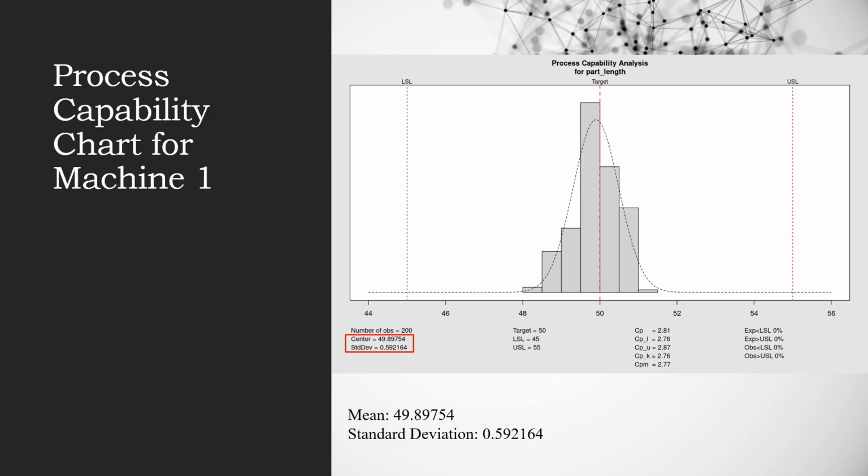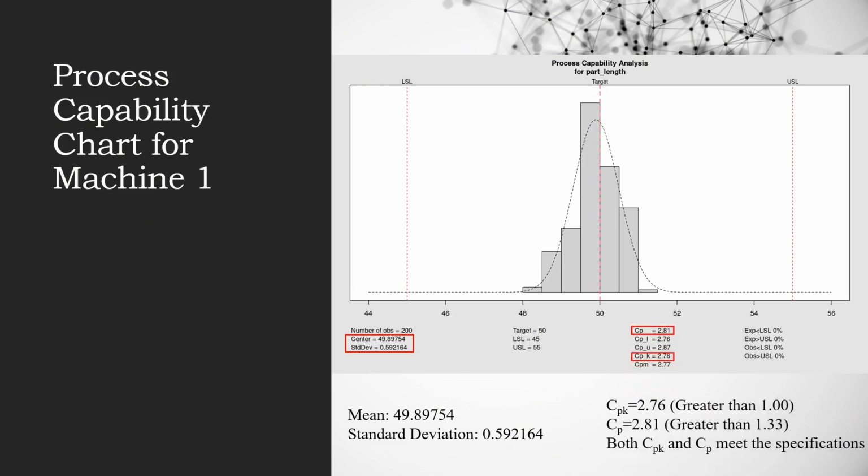By referring to the process capability chart for machine 1, we also obtain the same value for the mean and standard deviation as from the control charts. The main thing is to obtain the CPK value and the CP value. The CPK value is 2.76 and the CP value is 2.81. Both of the values meet the specification limits.